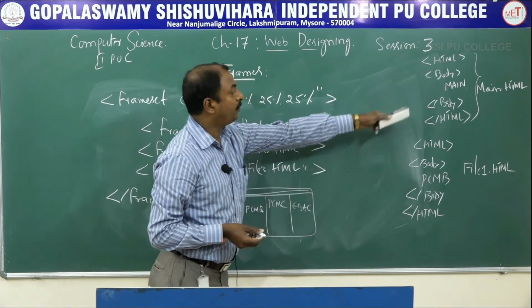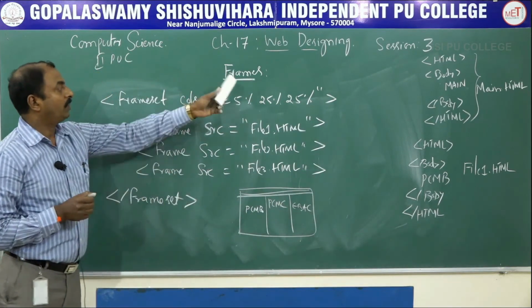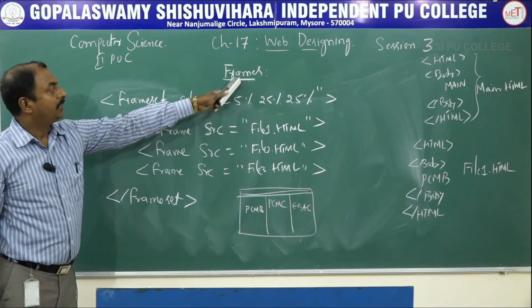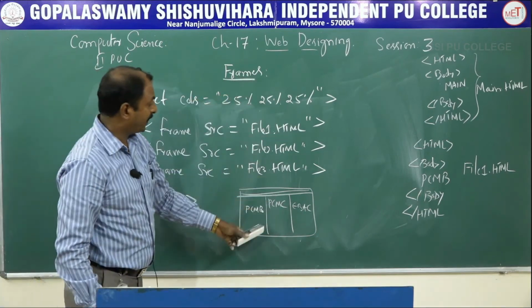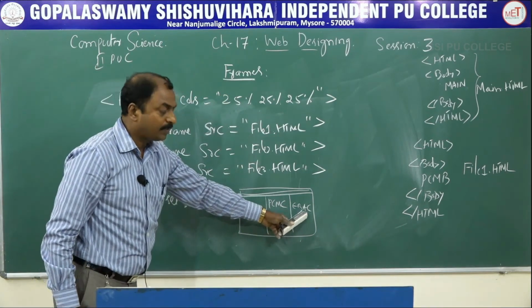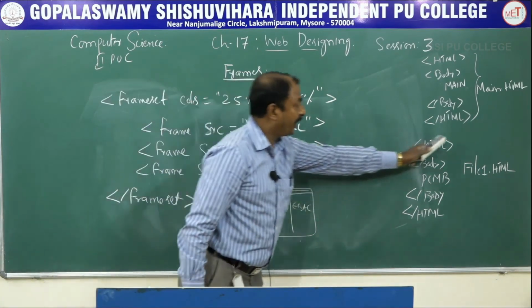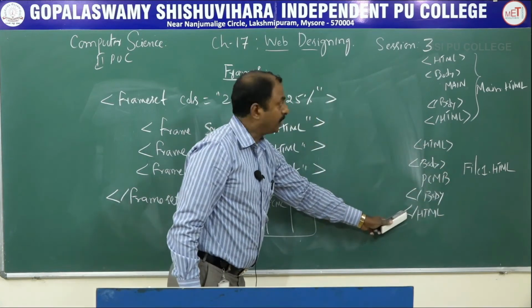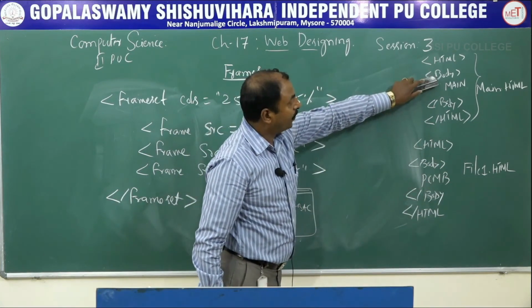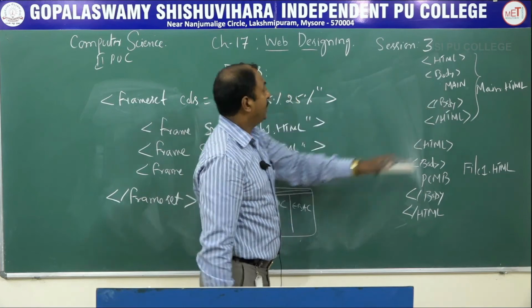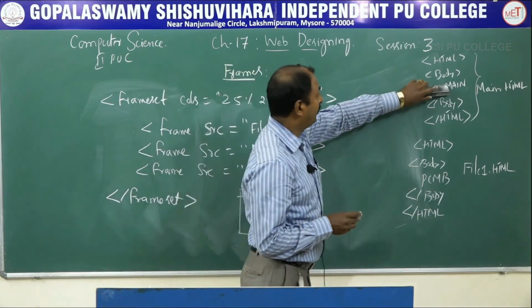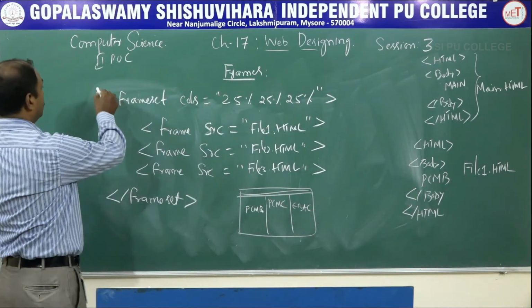So when you work with the frame tags, in this example there are 3 columns, 3 individual files like this. Apart from this, one main program, one main HTML. And inside main HTML, we are writing this code here.